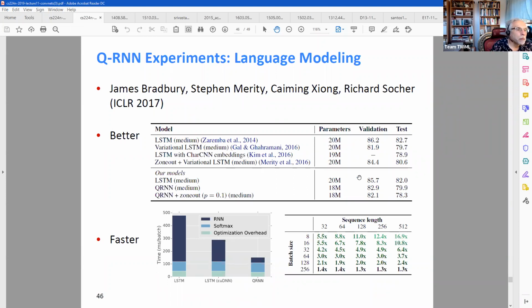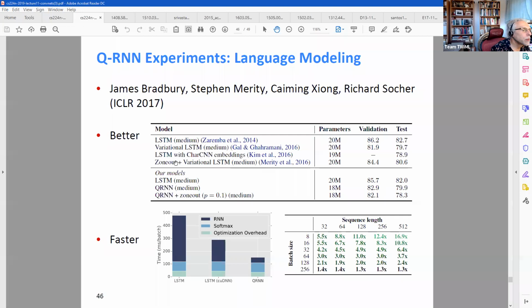And these are the scores on, it doesn't say here what the model that they're testing was, but if we look at LSTM, QRNN plus zone out, I'm not sure what that is, roughly the same number of parameters. Lower scores are better, so QRNNs are doing better than LSTMs.